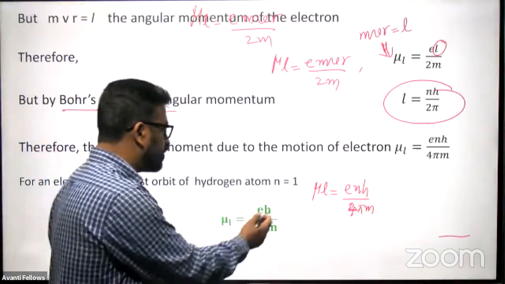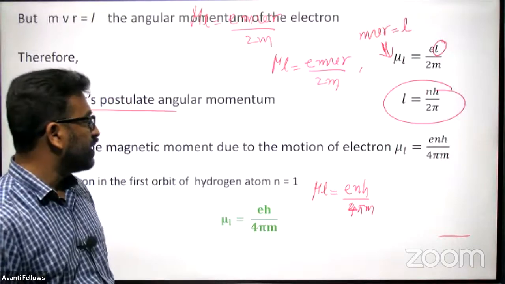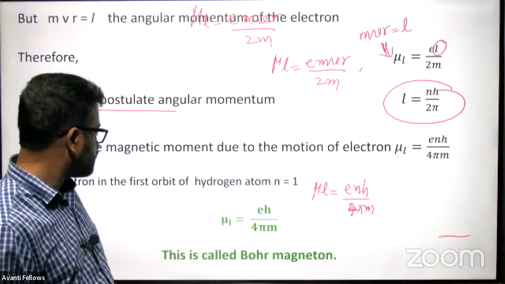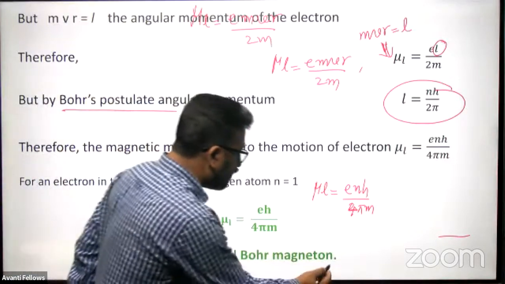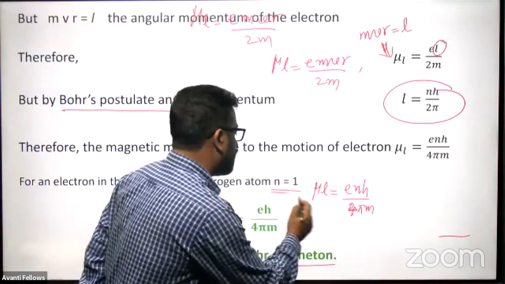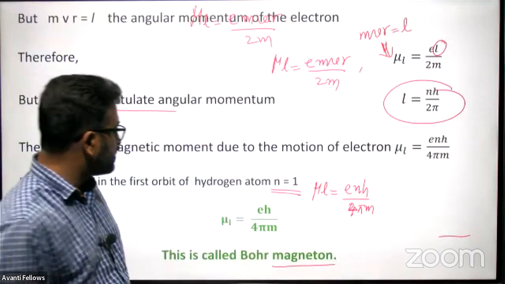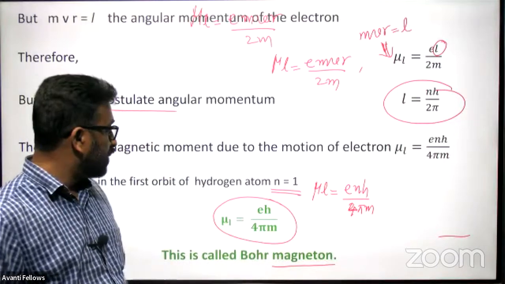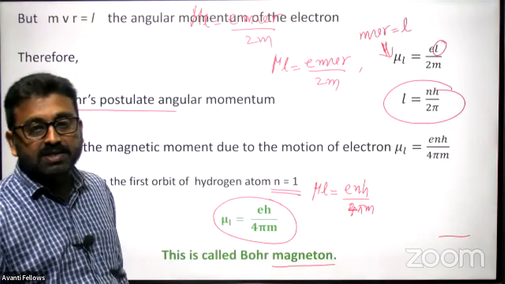Then mu L will be equal to e h divided by 4 pi m. For the n equals 1 state, this will be equal to e h by 4 pi m, and this is called the Bohr magneton.